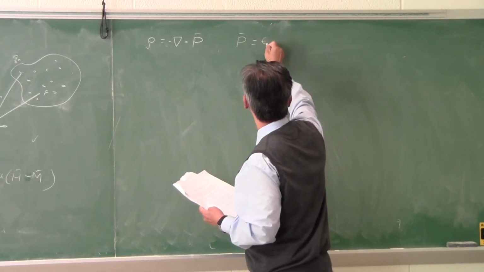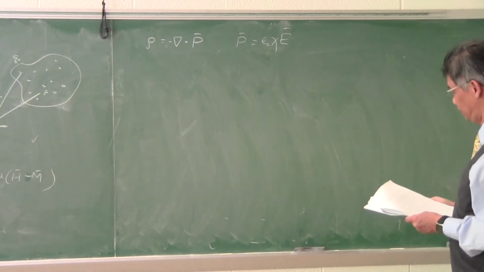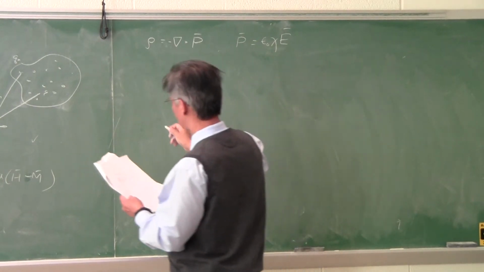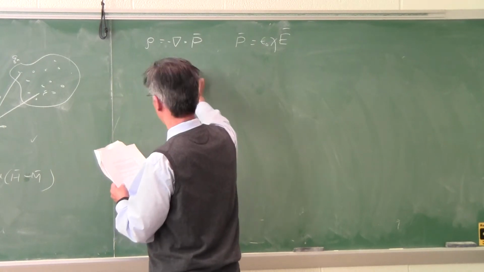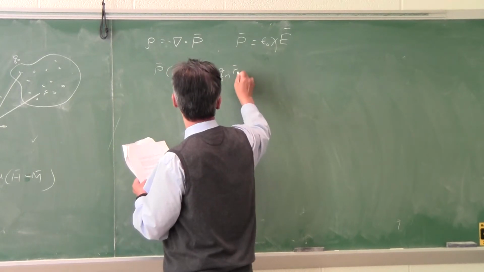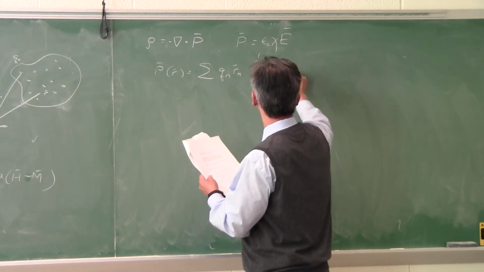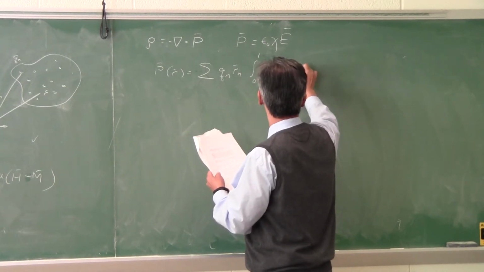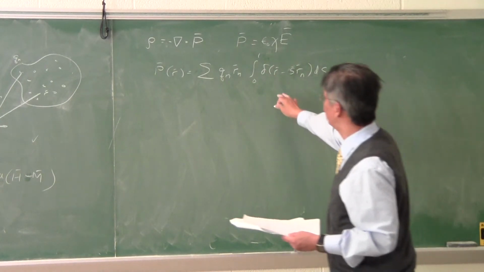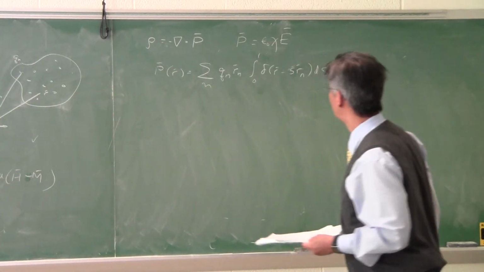Usually written as something like this. So you take the divergence of P, you get charge. But there's something very interesting. It says that if P(R) is equal to this, and you plug this into here, you get this to be that. It's not obvious that it's true, but it's true.